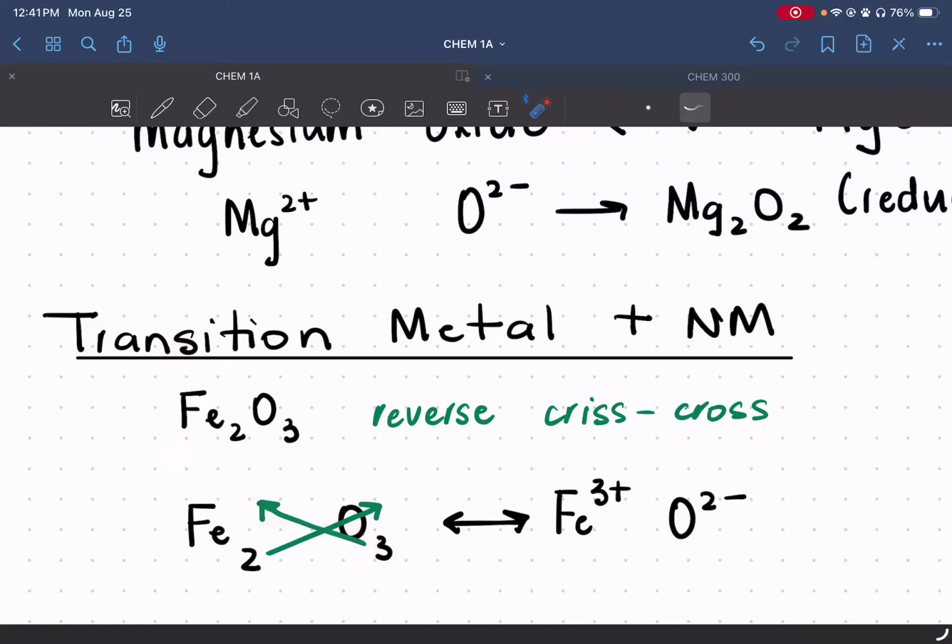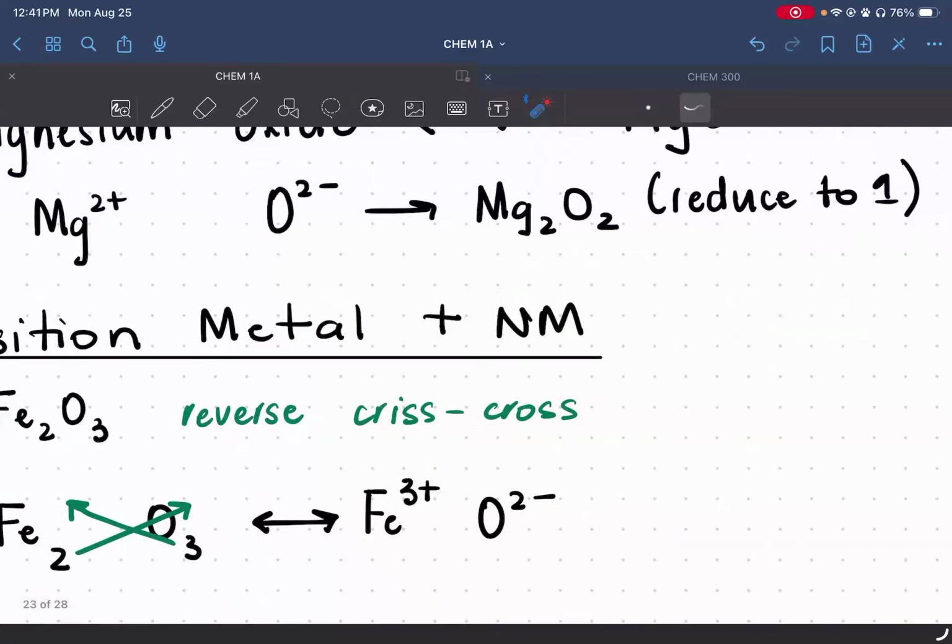How else would you know? Transition metals are always cations. All right, well, this just tells us what the charge is of the transition metal. This doesn't actually tell us how to name it.